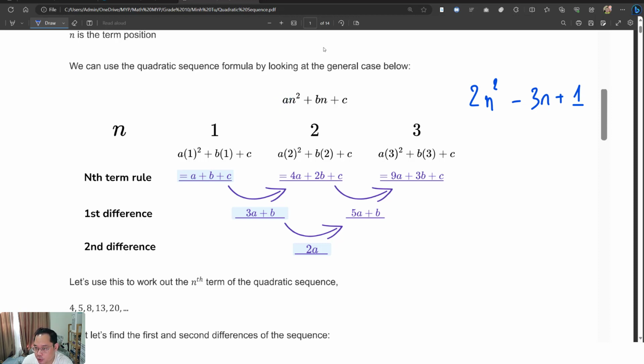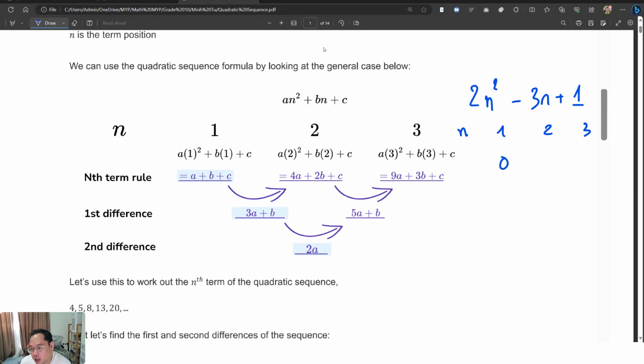For example, with the example here, I would calculate the first three values when n is 1, 2, and 3. With n is 1: 2 times 1 squared is 2, minus 3 is minus 1, plus 1 is 0. So this is the first term, 0.